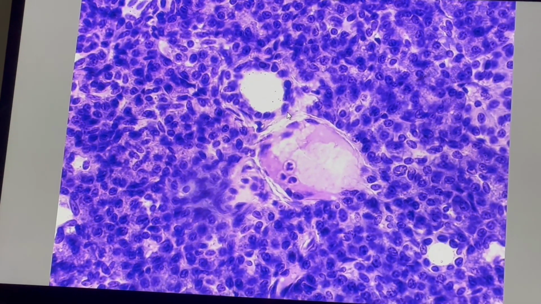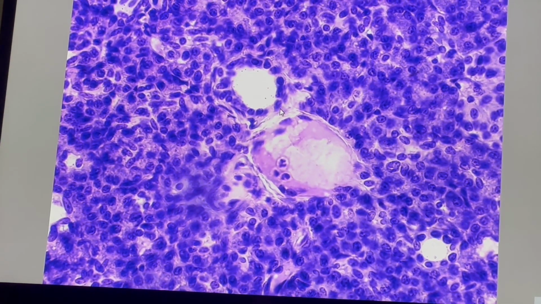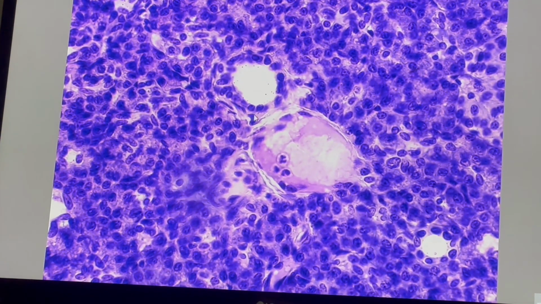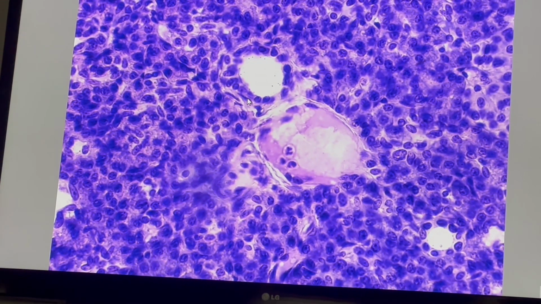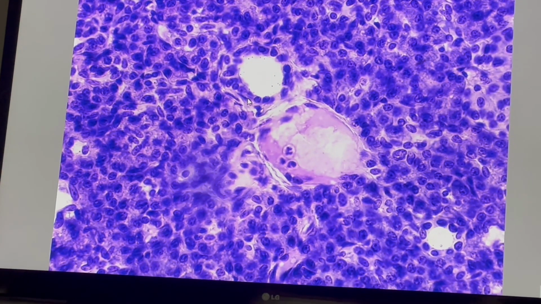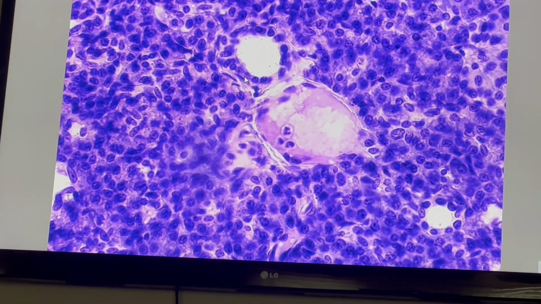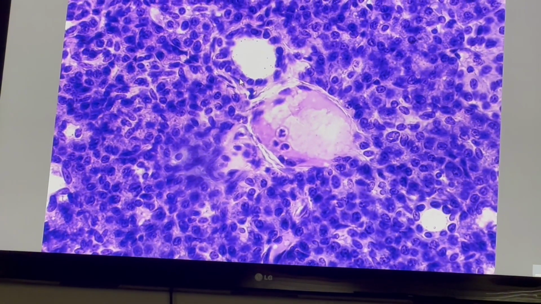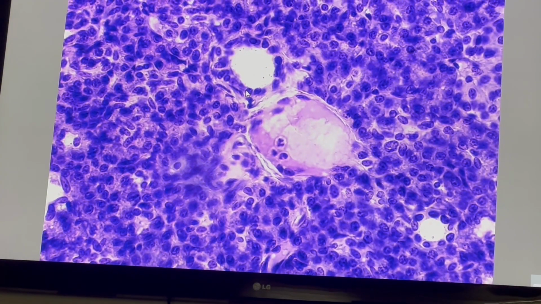No. It differs from the parotid in the absence of striated ducts. This duct is called an intralobular duct. The difference between the pancreas and the parotid is that the pancreas does not contain striated ducts.